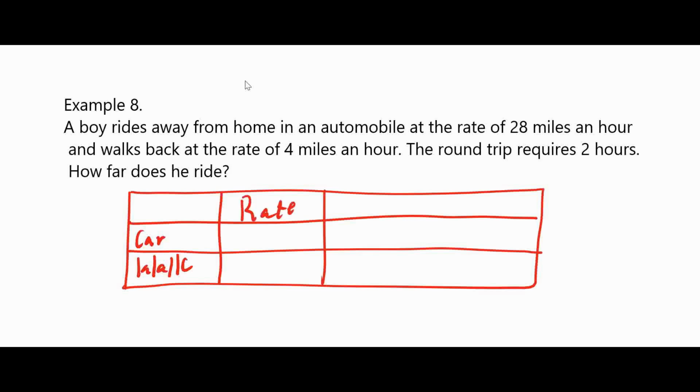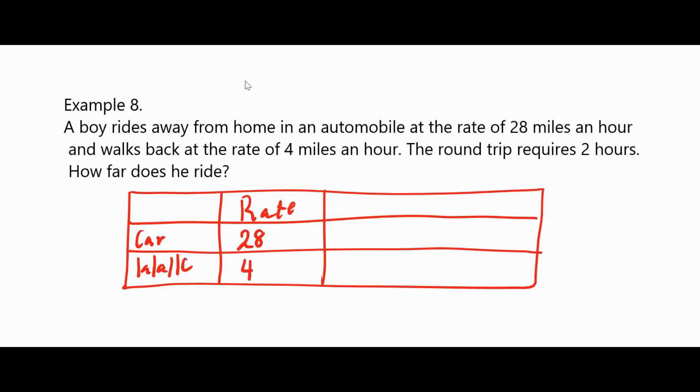The rate at which he moved with an automobile was 28 miles an hour, and he walked back home at the rate of 4 miles an hour.